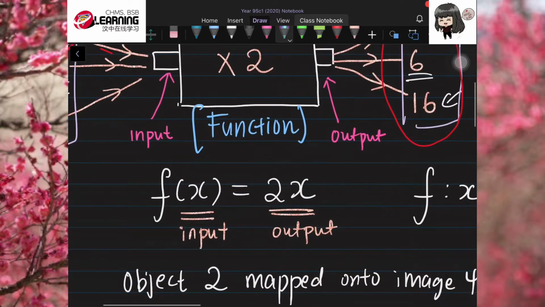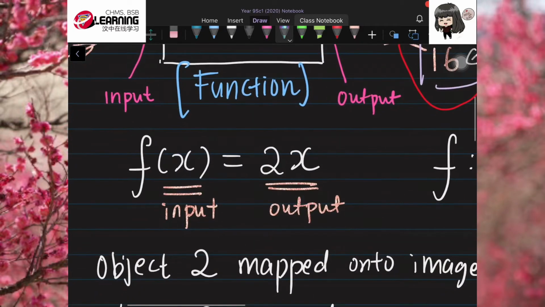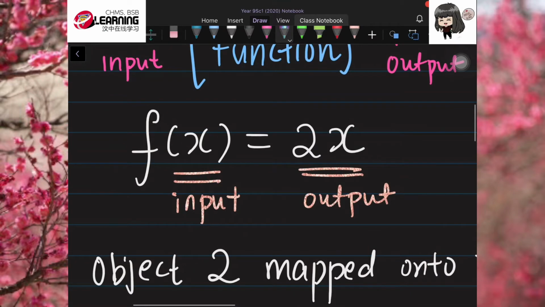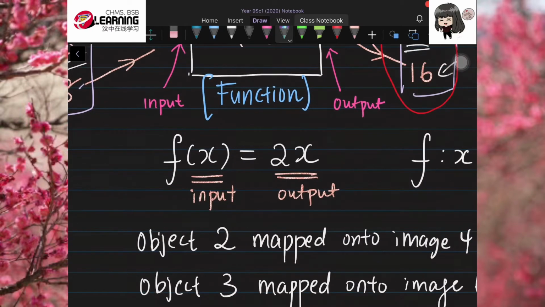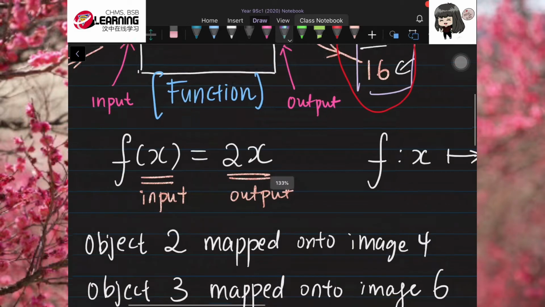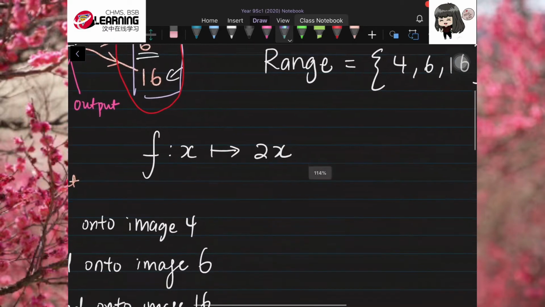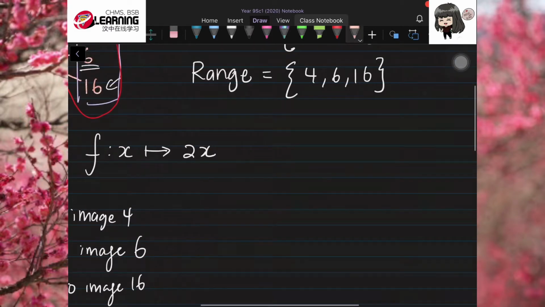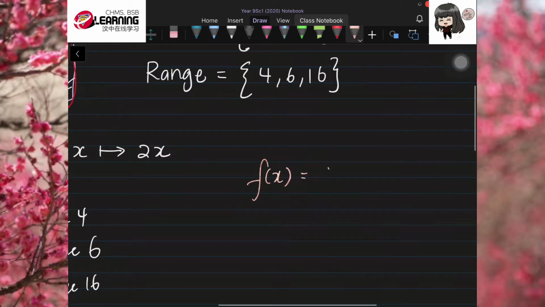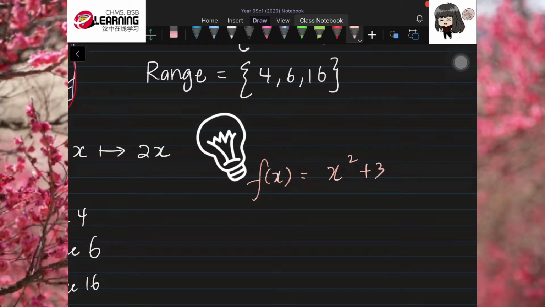A function can be denoted in a simple way like this: f of x is 2x. We read it as f of x is 2x. Not only 2x, you can have a lot of expressions. For example, f of x can be x squared or x squared plus 3.